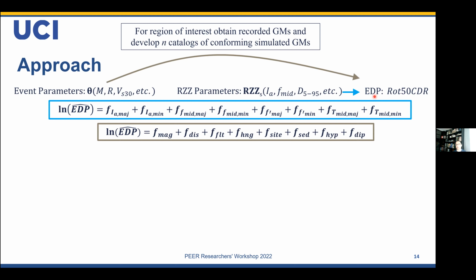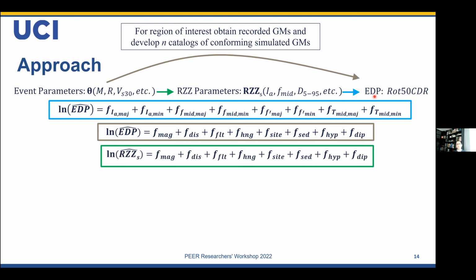Combination of these two will show if the RZZs are efficient and sufficient. Once you have this set, you can only focus on the green regression. And if there is similarity between simulations and recordings at the green level, you can say that the ground motion is valid.